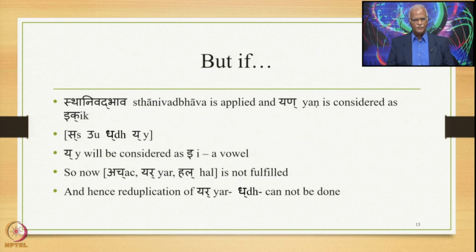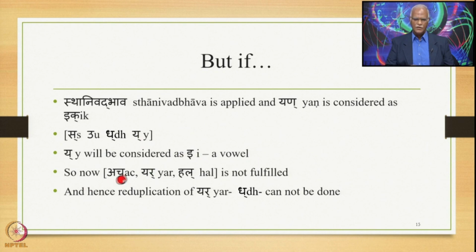But if sthanivat bhava is applied and yan is considered as ik, so you have Sa, U, Dha, Ya, and now this Ya is a hal. But if you apply sthanivat bhava and consider this ya as ik, which is a vowel, so ya will be considered a vowel.